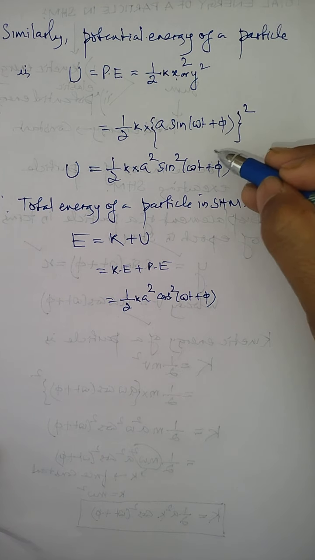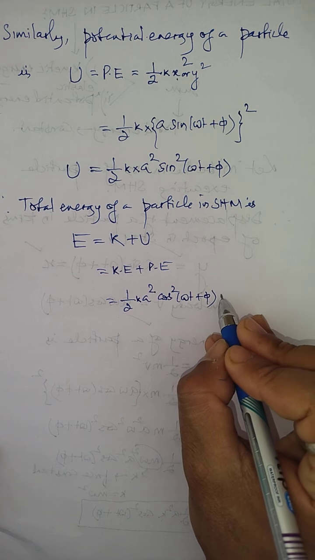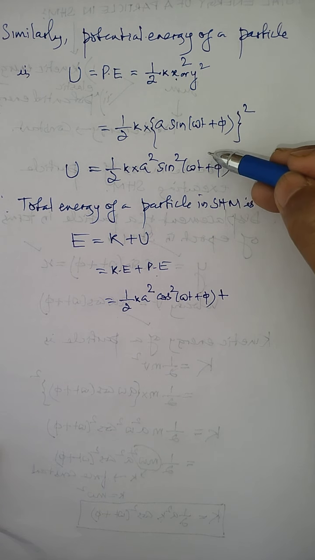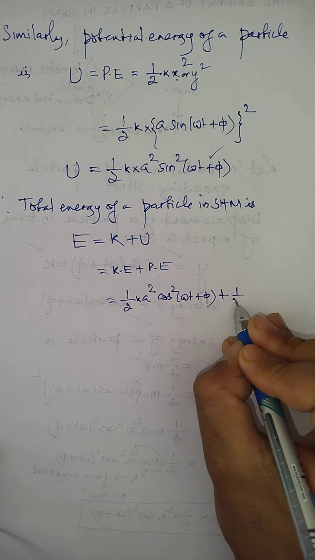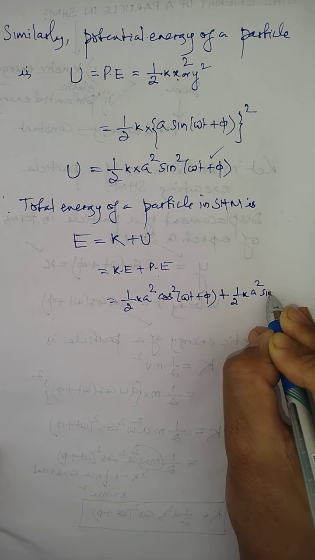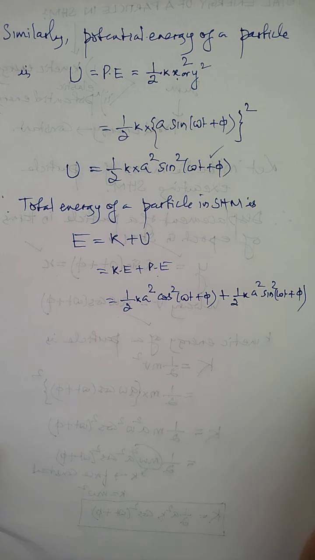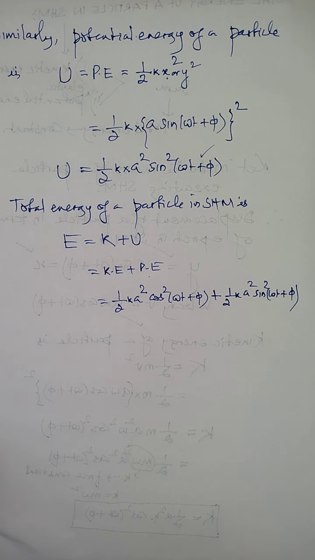This is the kinetic energy we have already calculated, plus the potential energy, which is half k A square sine square (omega t plus phi). So I substituted both kinetic energy and potential energy.